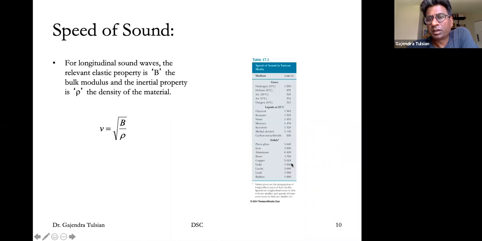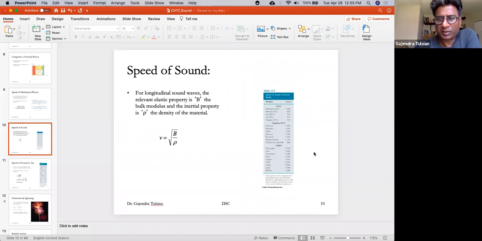And notice in solids, it's about 15 times greater. In water, it's about 5 times greater. So that gives you the speed of sound in various media.